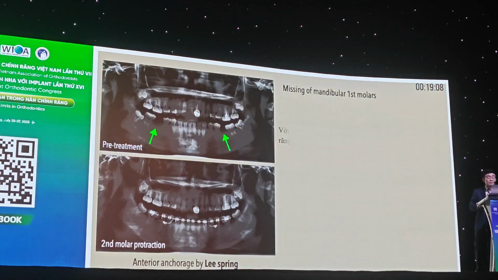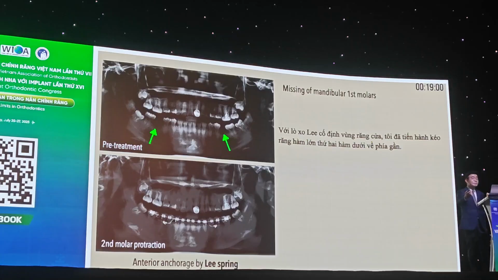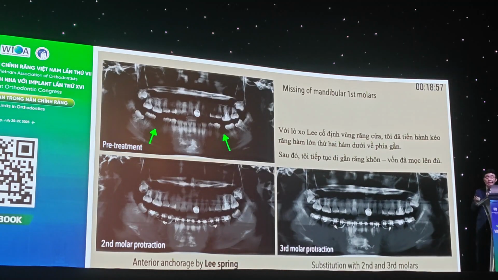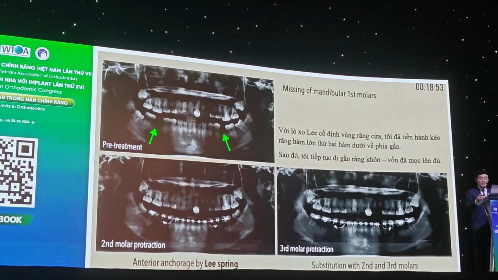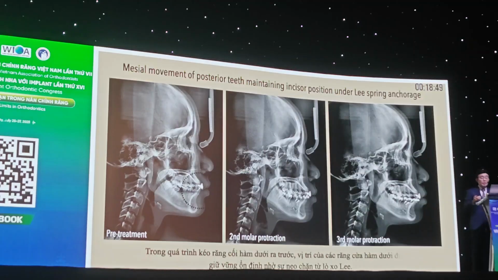With the lead spring stabilizing the incisor region, I first advanced the mandibular second molar forward. Afterward, I immediately advanced the third molar that had sufficiently erupted. While advancing the mandibular molars, the position of the mandibular incisors was stably secured due to the anchorage provided by the lead spring.